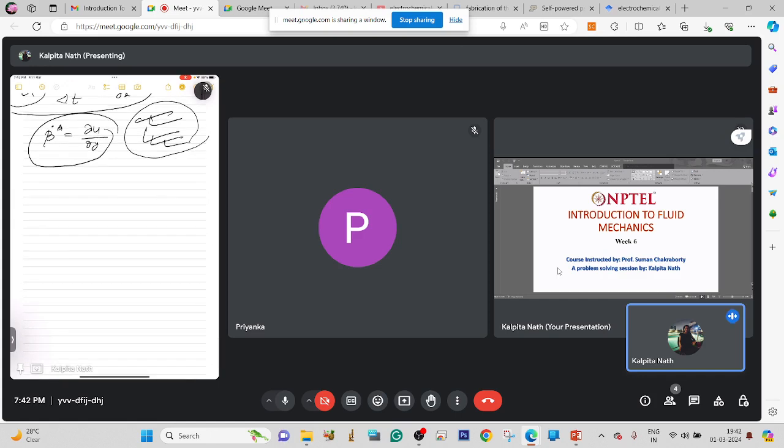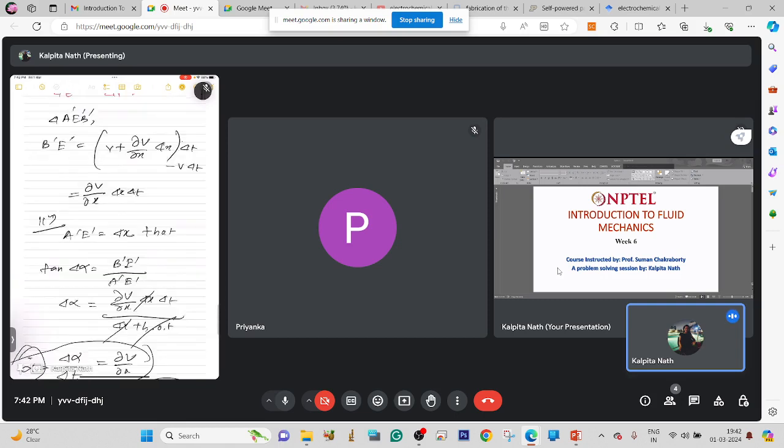Now another thing that we are going to use is the rate of angular strain or angular deformation. The rate is alpha dot plus beta dot, the addition of alpha dot plus beta dot. How? So first of all, what is the change?